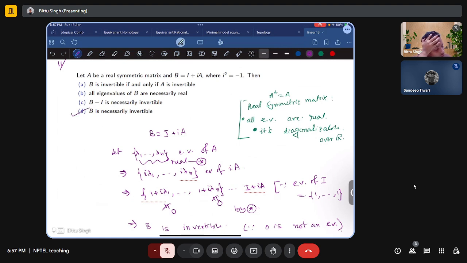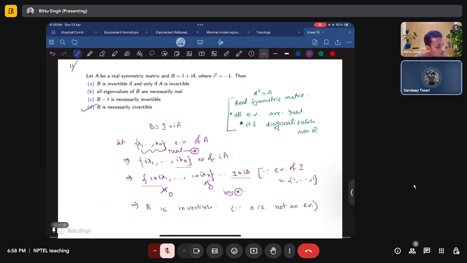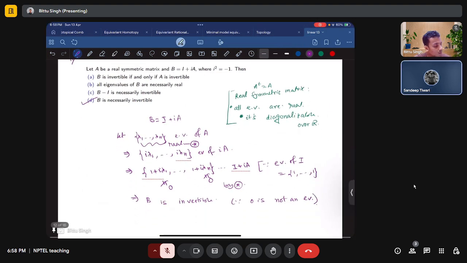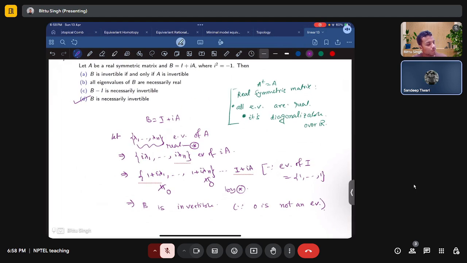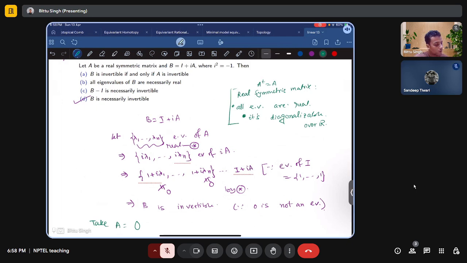This is true. Now, what about B minus I? Is it invertible? It may not be true. Take A equal to 0. Then what will be B minus I?